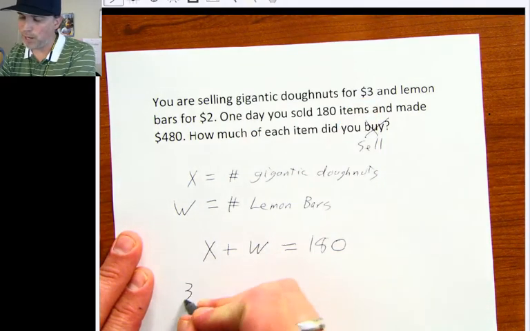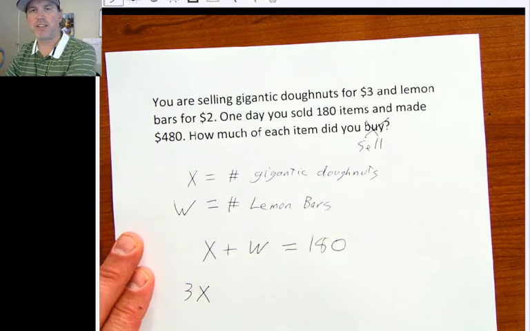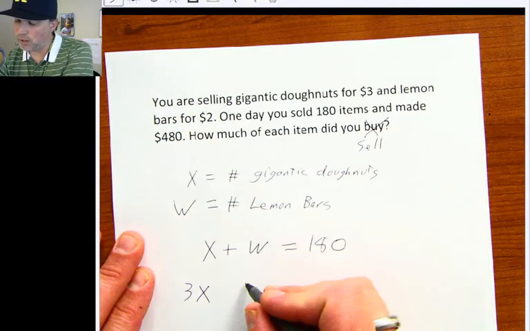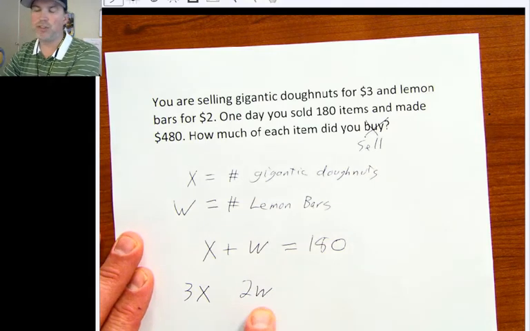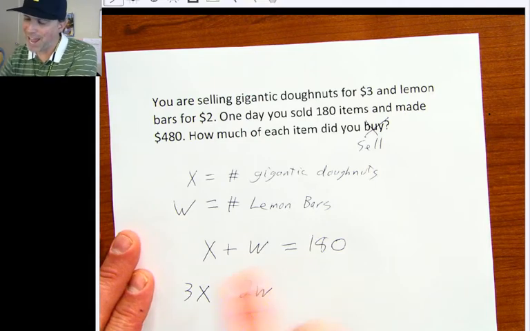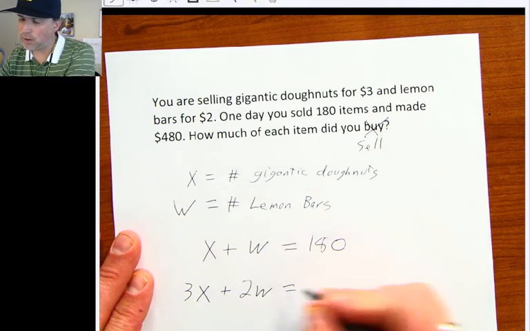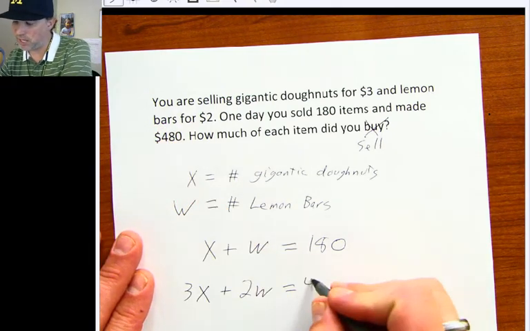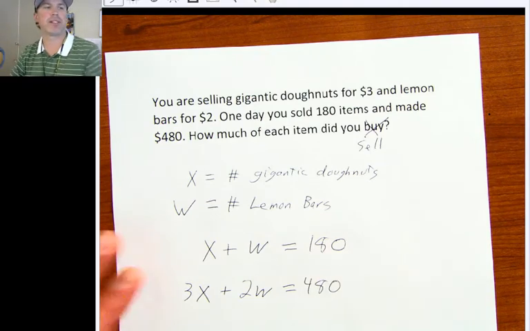So if I multiply 3 times X, that's going to tell me how much money I made off of donuts. Lemon bars were $2. So if I multiply 2 times W, that's going to tell me how much money I made on lemon bars. And if I add these 2 totals together, that's going to tell me exactly how much money I made, which in this case was $480.